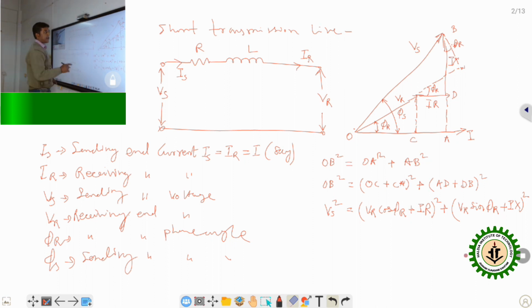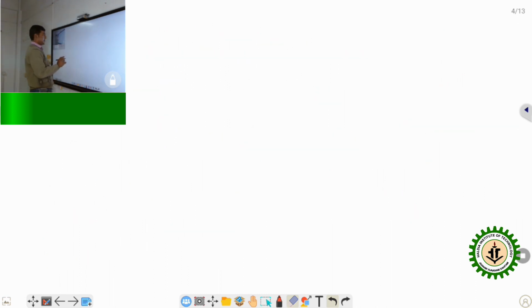So here also I can write, you see, this is your IR cos phi, and this is your IR sin phi. Okay. And this is your IX cos phi, this is your IX sin phi. In this way, we consider this. So Vs is approximately equal to VR plus IR cos phi plus IX sin phi. Okay. Same thing I will write in this expression.